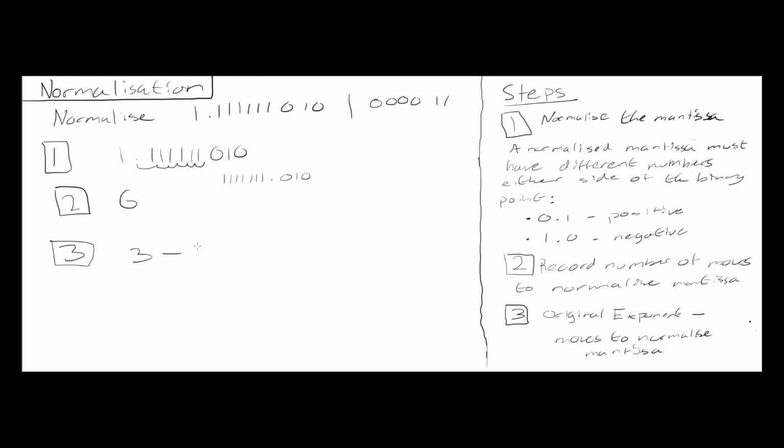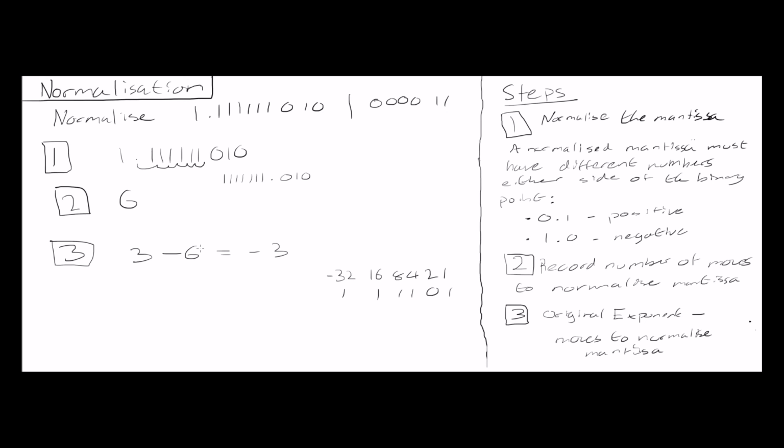So do 3 minus 6, and our new exponent is minus 3. So in binary, that's going to be a new exponent of this number just here, because minus 32 plus 16 plus 8 plus 4 plus 1 equals minus 3.